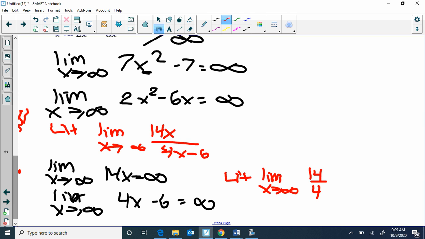Here, I don't have any more x's, so I don't really have anywhere to plug infinity into, which is actually good. That means the limit as x goes to infinity of my original function is just the ratio of 14 over 4, or reduced, 7 over 2. And that's how you would apply L'Hopital's rule.